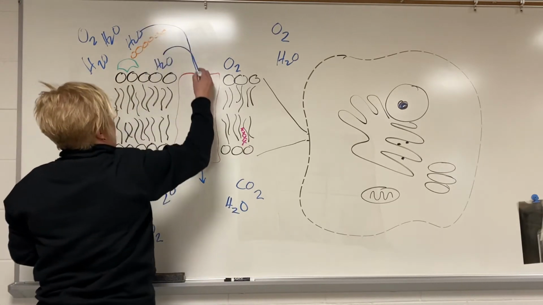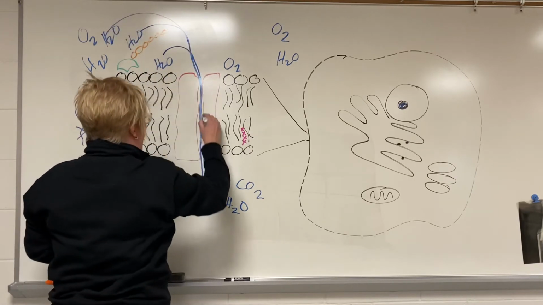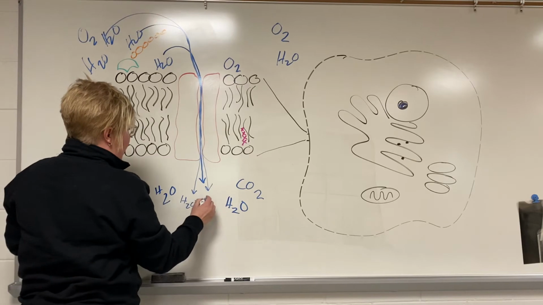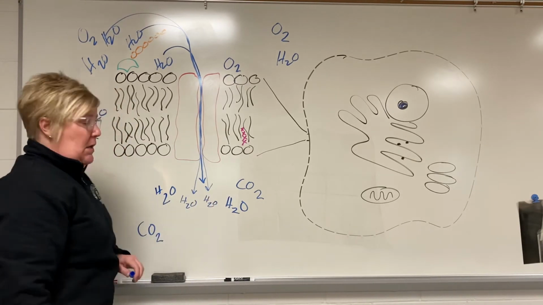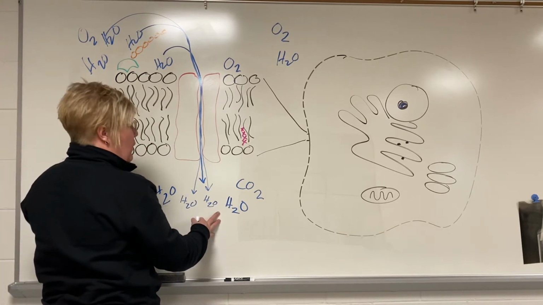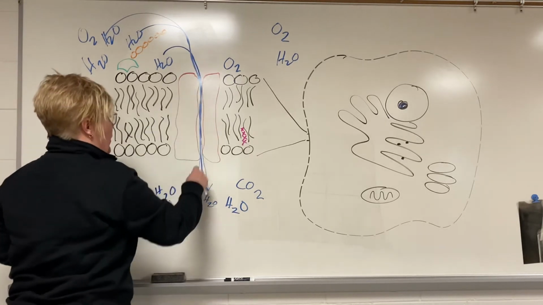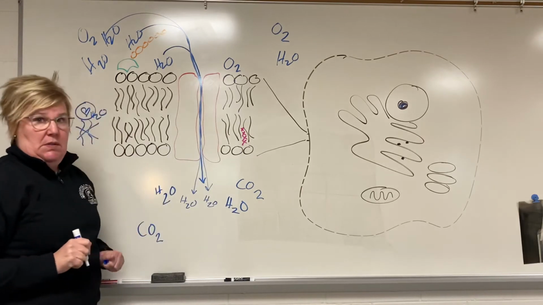And it's going to go until it reaches equilibrium. So we're going to add some water inside our cell. So now water has gone through. When water moves, that is osmosis, and it goes through this channel, right? This is an example of osmosis.